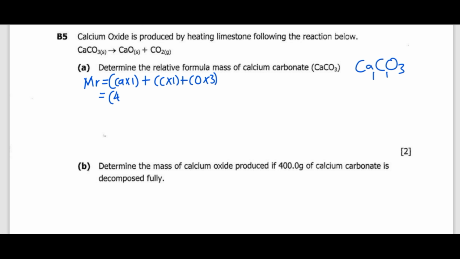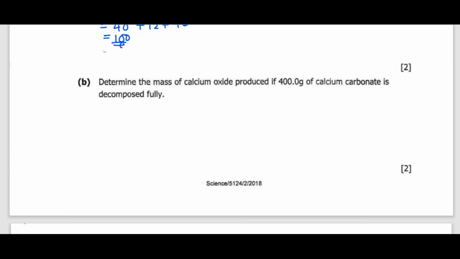Calcium is 40 times 1 plus 12 times 1 plus 16 times 3. 40 multiplied by 1 is 40, here we have 12, 16 times 3 gives us 48. 48 plus 12 is 60 plus 40. So the relative formula mass for calcium carbonate is 100.